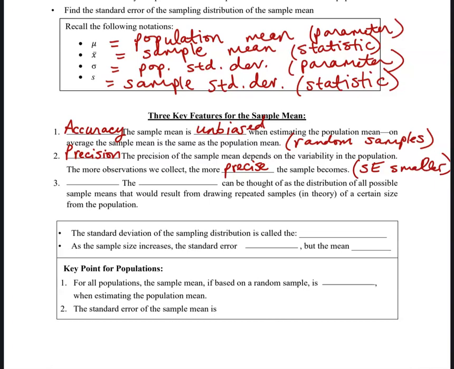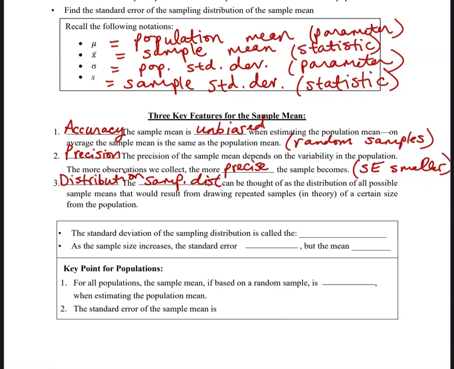And then finally, we want to look at the sampling distribution, just like we've previously looked at. The sampling distribution can be thought of as the distribution of all possible sample means that we would get if we were to draw repeated samples over and over again of a certain size from our population. Same exact idea as what we talked about in the previous sections.